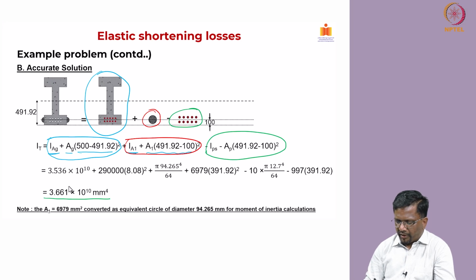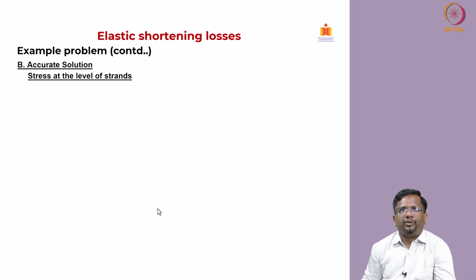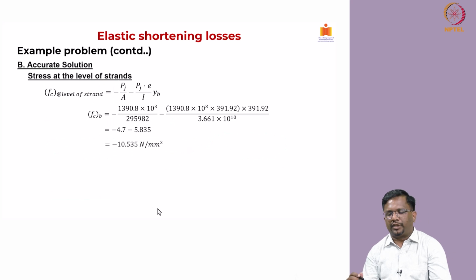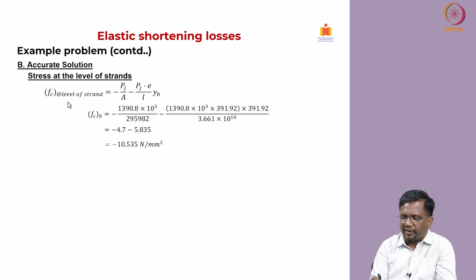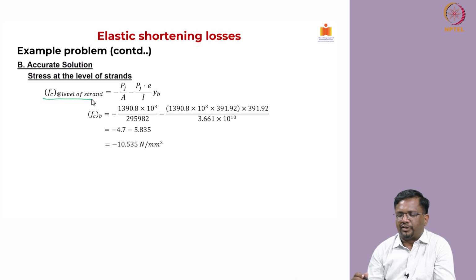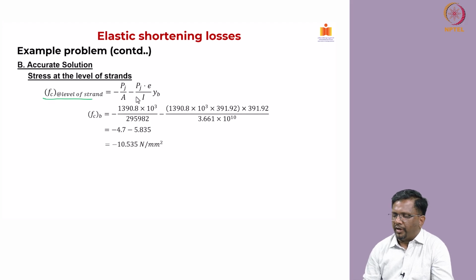Now, again this A1 we know that we converted as an equivalent circle of diameter 94.265 millimeter for moment of inertia calculations. So, when you do that you see that again the process is the same, we are calculating the stress at the level of strand. Now, the only thing is we are now using the modified eccentricities from the transformed cross section.